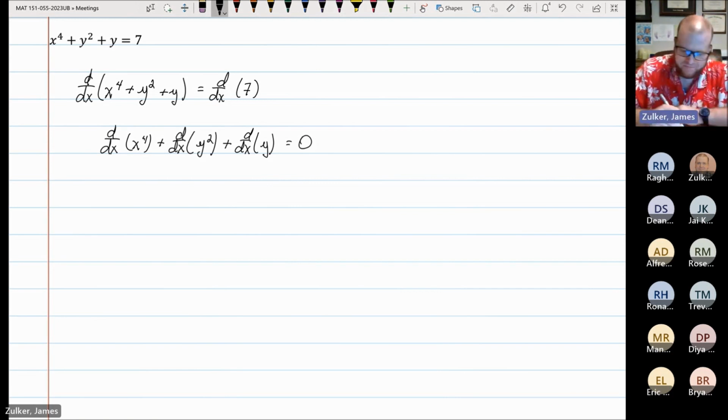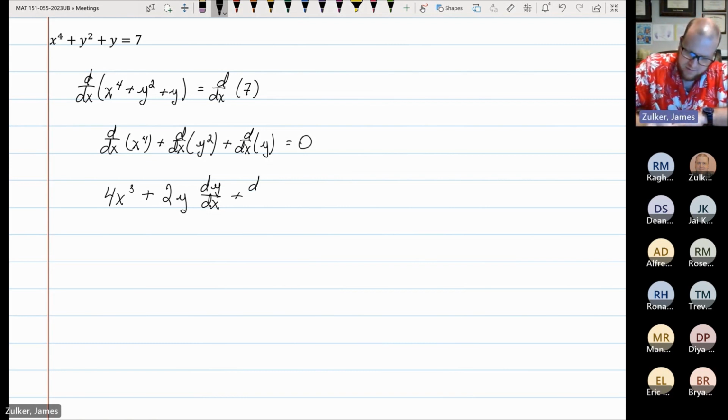Derivative of x to the fourth, 4x cubed. Derivative of y squared. This is general power rule. 2 times the function raised to the 2 minus 1, then times the derivative of the function. And then obviously derivative of y is just dy dx.